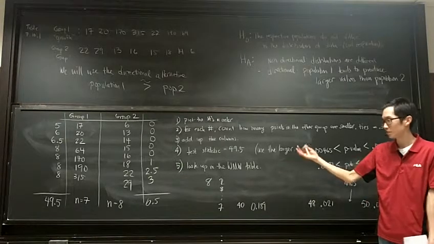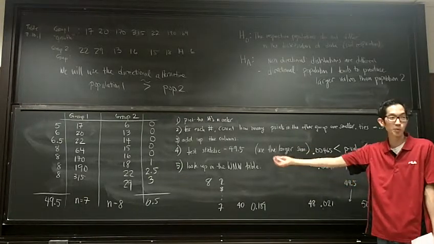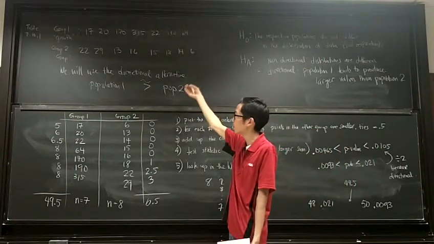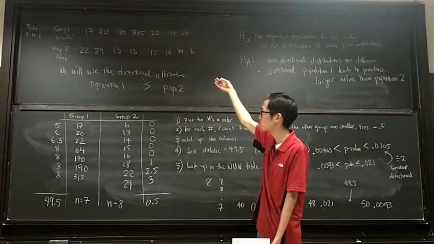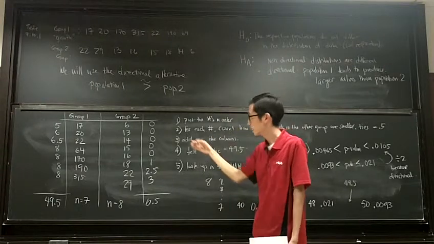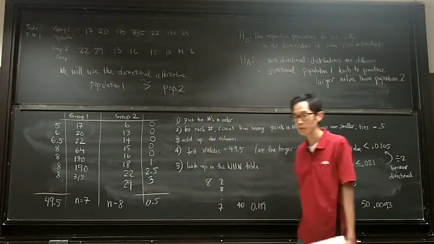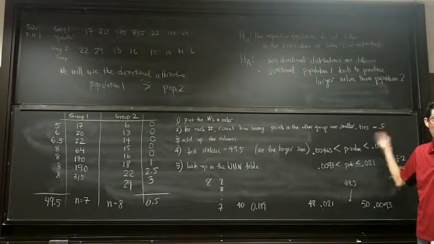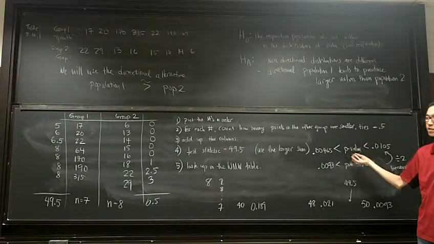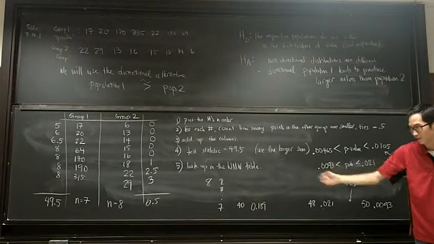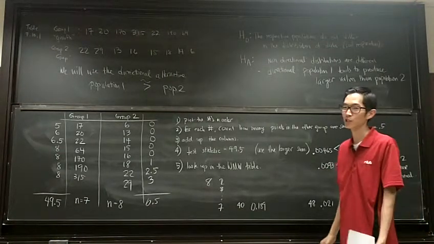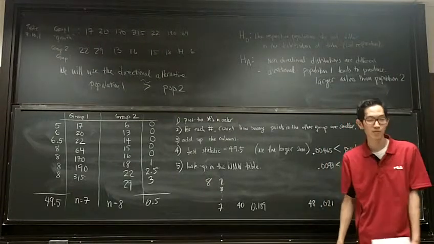We would say no, our data does not support that. And in this case, does our data support that growth tends to produce larger values than gap? Directionality works out. Our p-value is tiny, so we say yes, we have evidence that the soil in the growth areas of the forest tends to produce more carbon dioxide.